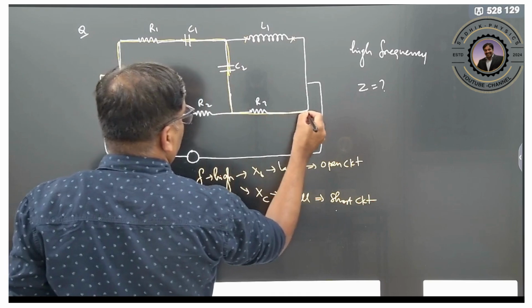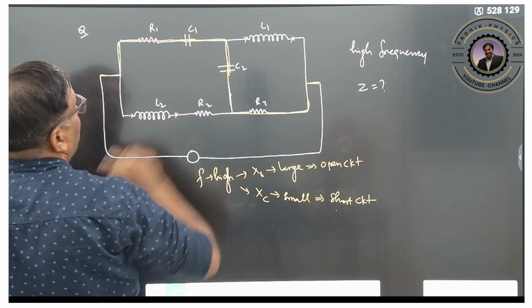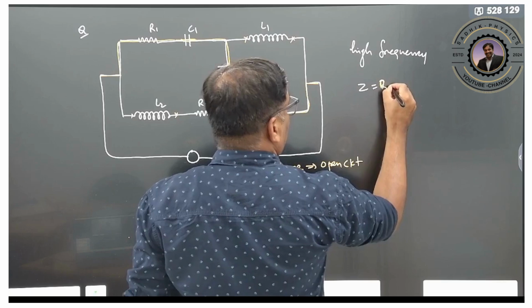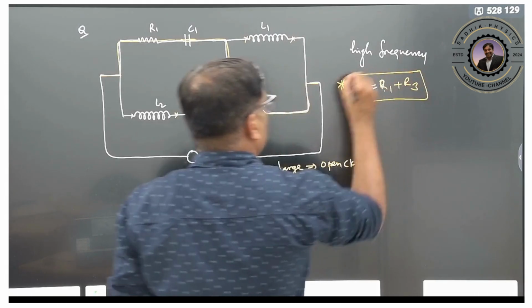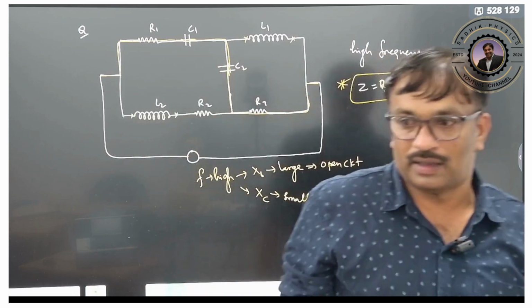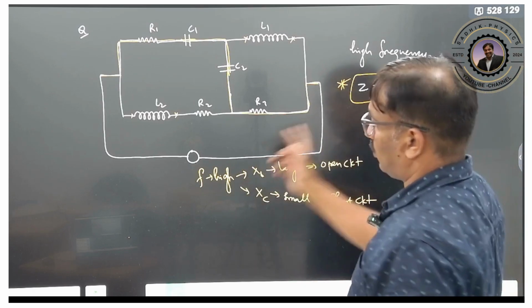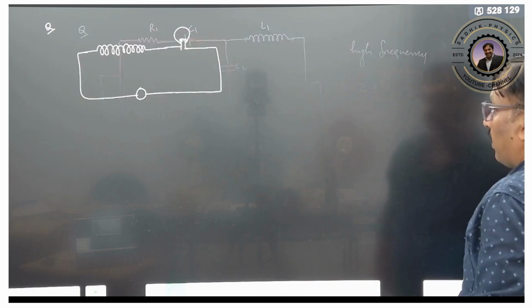So R1 and R3 only are there. Therefore the impedance will become R1 plus R3, which will be your total impedance. Very simple one. Clear? Don't think it is a complicated one. Basics should be very strong on this. Very easy question, right?